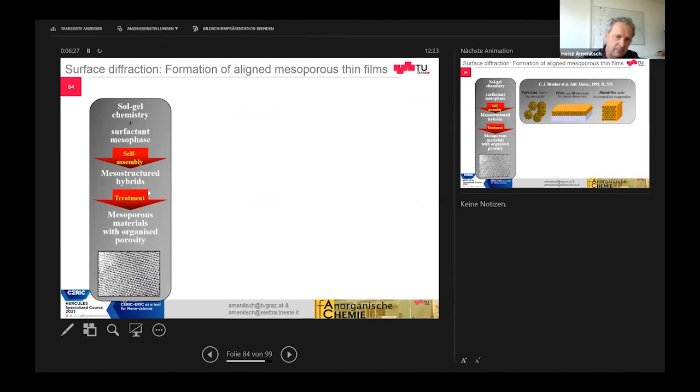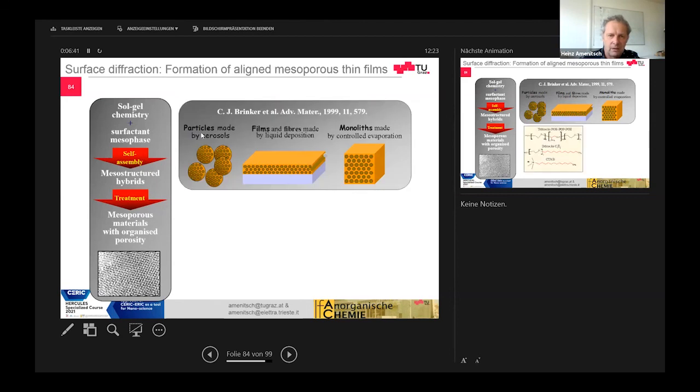So you're making meso-structured hybrid structures, and you end up with mesoporous materials with very high organized porosity. So you have this extremely highly ordered porosity in the material, and this process is called evaporation-induced self-assembly, and you can make thin films, you can make monoliths, or you can make particles in aerosols.